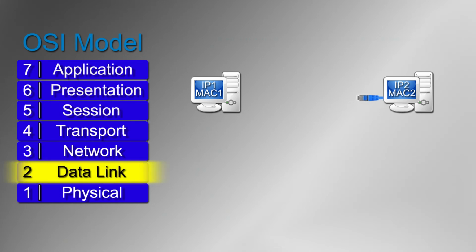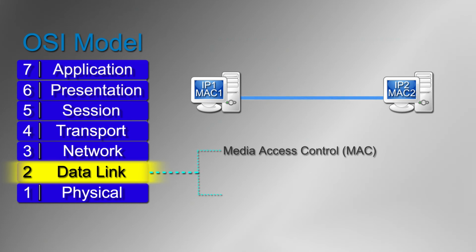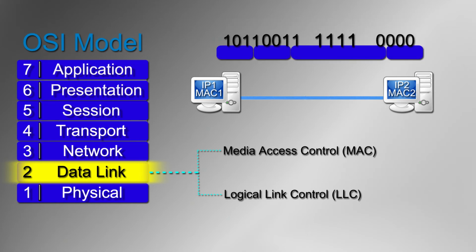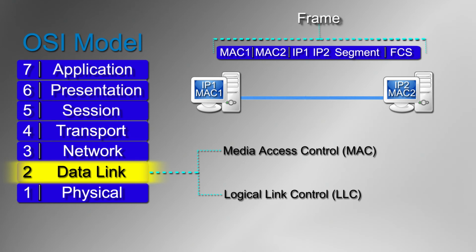The data link layer is subdivided into two sublayers. One sublayer is the Media Access Control, or MAC, and the other is the Logical Link Control, or LLC. The Logical Link Control, or LLC, provides flow control and multiplexing for logical links. Examples include 802.1q and VLAN tags. It also provides node-to-node flow control and error management.